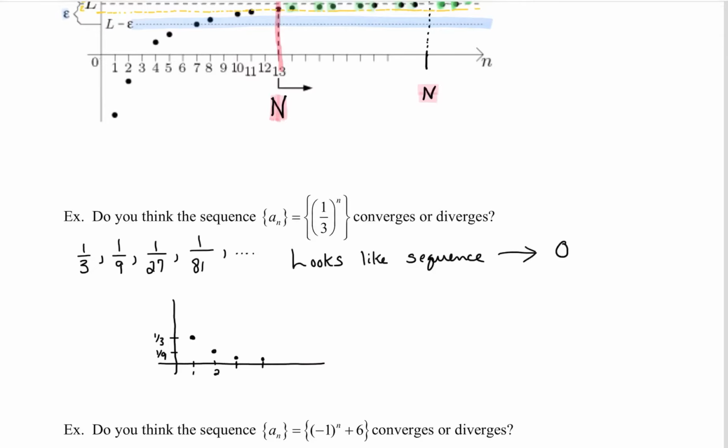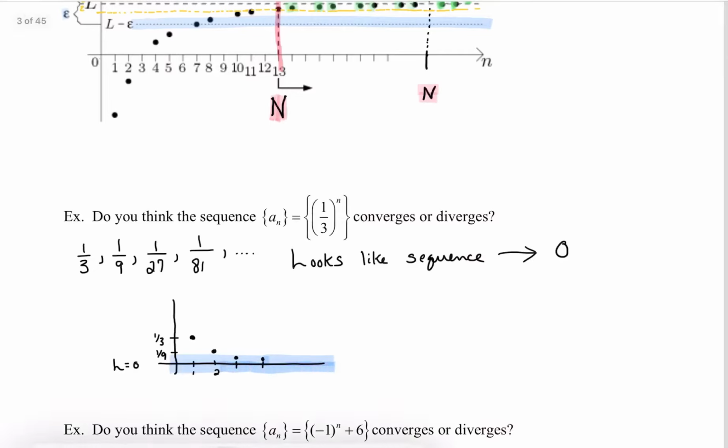So we could also think about that graphically. If it looks like that sequence is approaching 0, then I'm thinking that my limit here is going to be 0. No matter how small an epsilon window I pick, let's say I draw some random epsilon window defined by the thickness of my highlighter around 0.